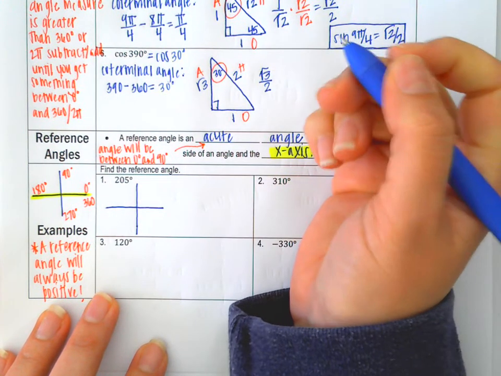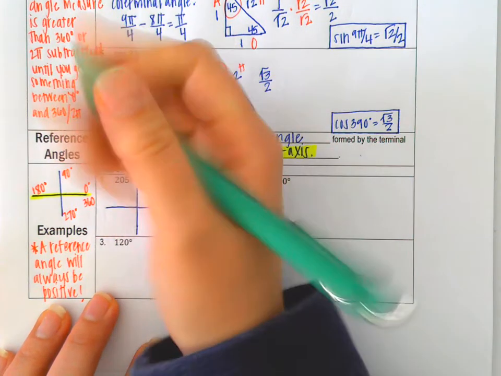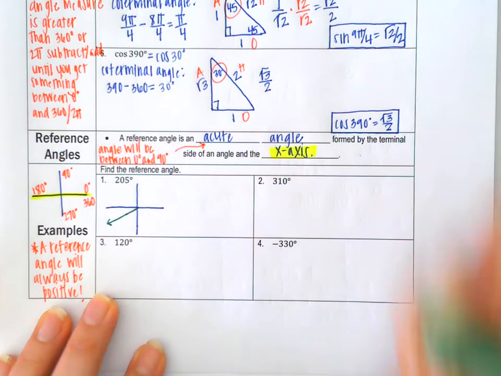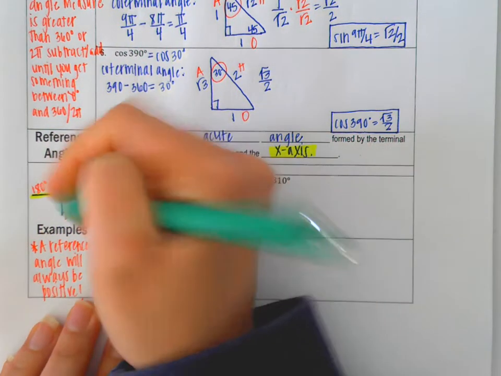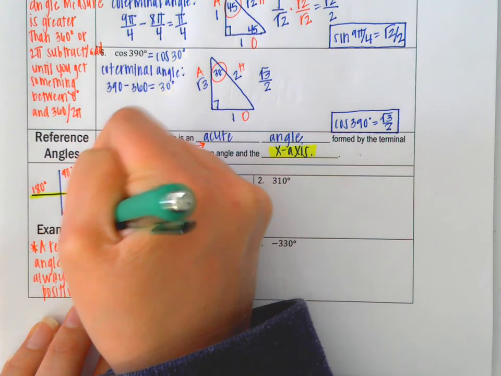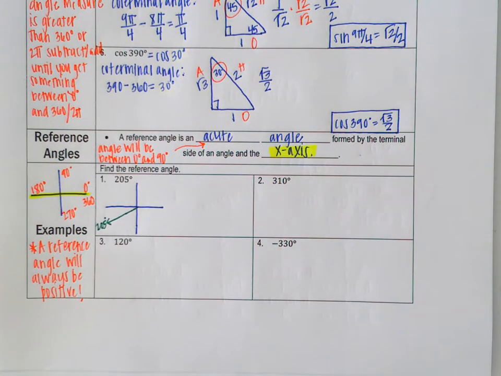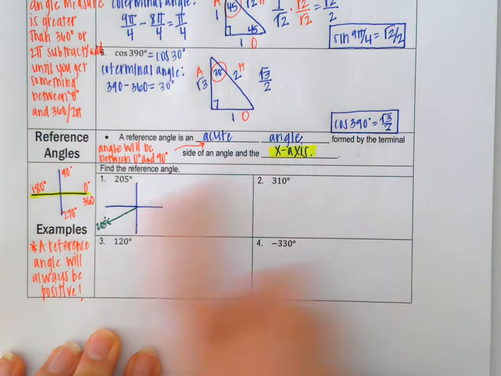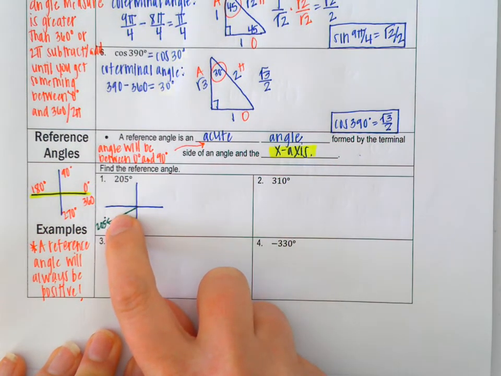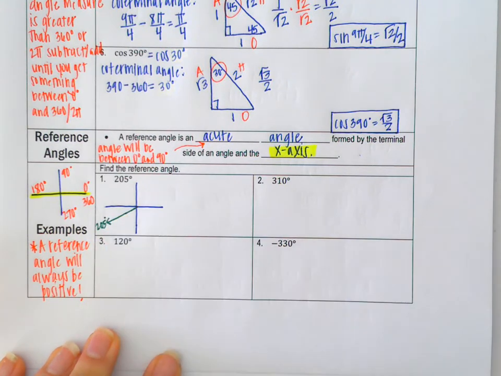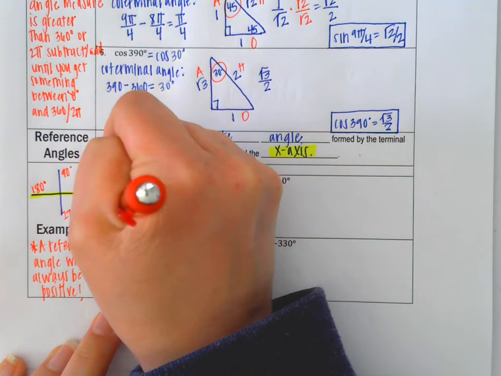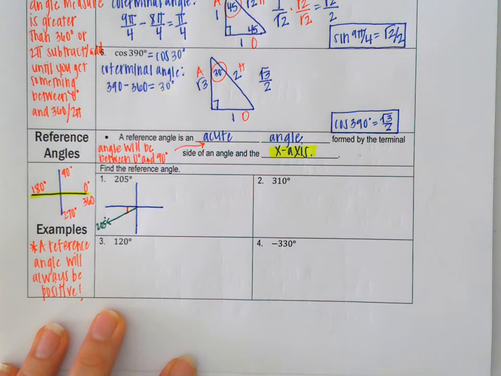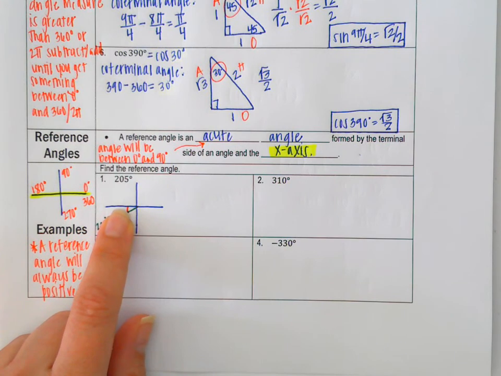So 205 is somewhere like here, right? So that is going to be 205. A reference angle is an acute angle formed by the terminal side, so this is the terminal side, and the x-axis. So we're going to bring it back to the x-axis. And so how we find that amount, we brought it back. What's the closest x-axis?